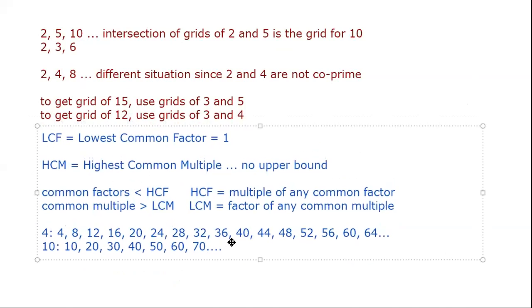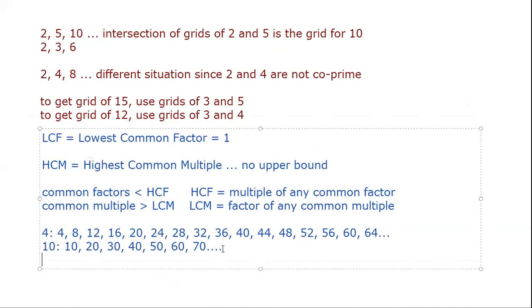The common multiples are going to be 20, 40, 60, etc. And you notice the LCM is 20, and all the common multiples are basically multiples of the LCM.